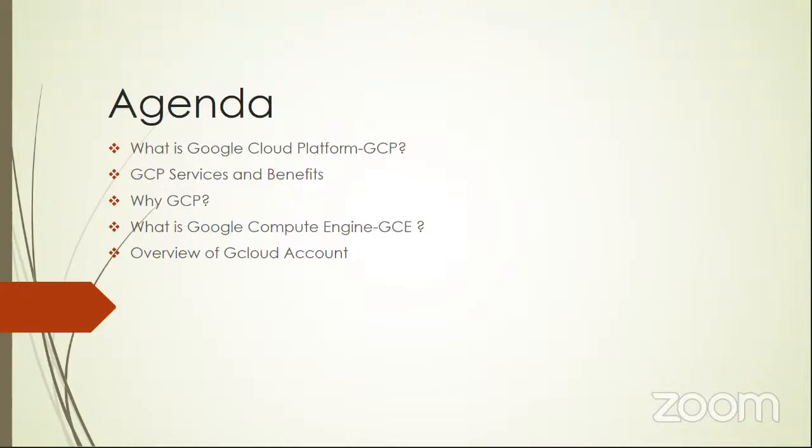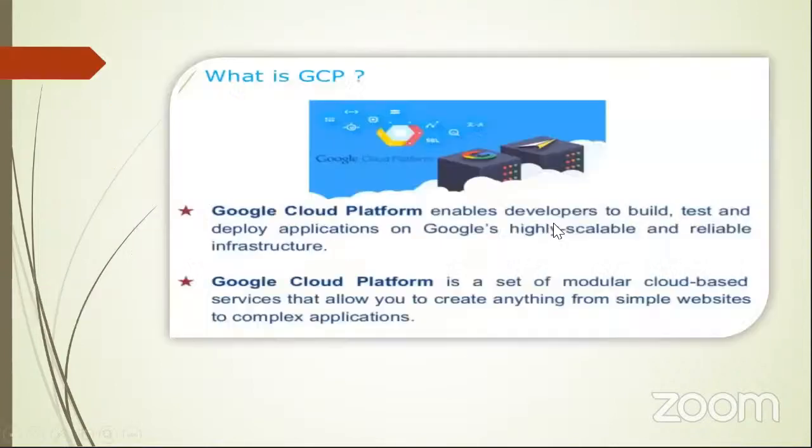When cloud was introduced, the main player was Amazon, which is AWS, as you know, and then Azure, given by Microsoft, was also introduced, and then Google introduced its own platform called GCP. What GCP does is give you the logical resources wherein you can create your own simple websites or applications as per your requirement.